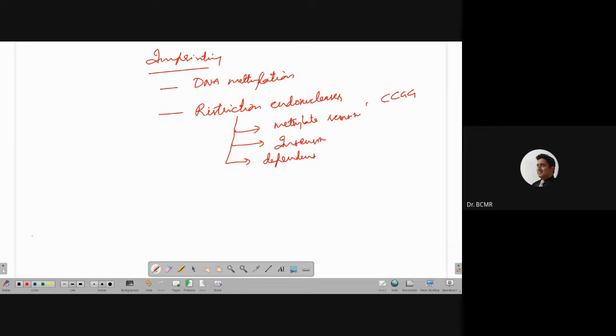We are going to discuss these two: methylation sensitive enzymes and methylation insensitive enzymes. Why is that? Because then we will be able to determine whether these cytosines are methylated or not. And this technique is based on southern blotting.